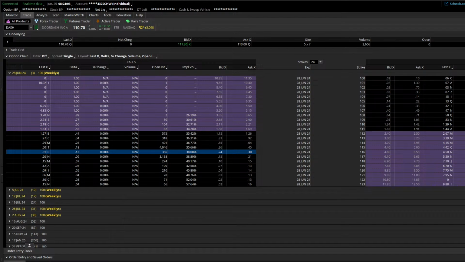You're buying one call at 114, you're selling two calls at 115, and then you're buying another call at 116. You are buying two calls and you are selling two calls. Therefore, they will equal each other out in some way. Now, if that's advantageous to your account or your pocketbook or your wallet, that's what the hunt is for.